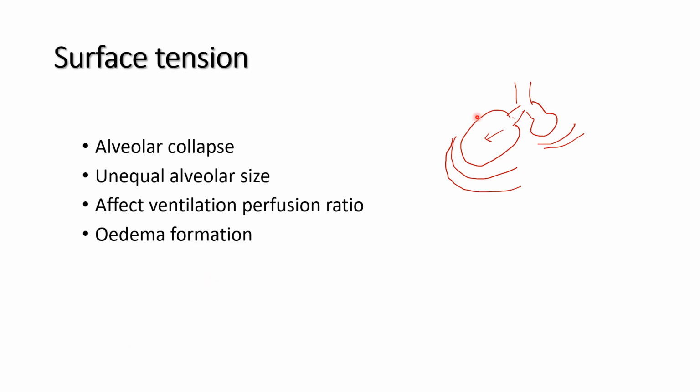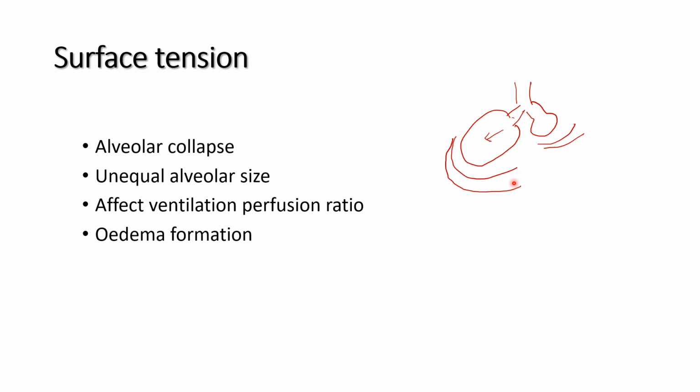Edema formation: due to the collapsing pressure, plasma is pulled from the capillaries into the alveoli, producing pulmonary edema. So these things occur due to increased surface tension: alveolar collapse, unequal alveolar size, an affected ventilation-perfusion ratio, and edema formation.